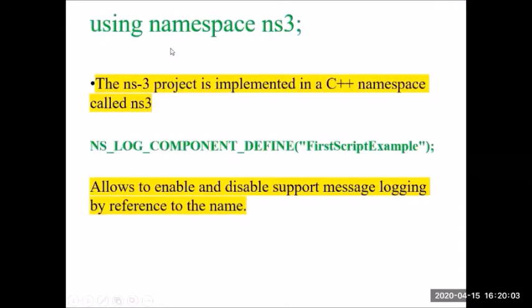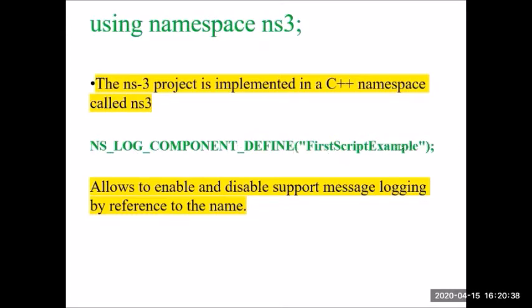Okay, so the next line in our NS3 program is this. As I told you, using namespace NS3. So here we are specifying that we are implementing this NS3 program in a C++ namespace which is called NS3. Next, we write NS_LOG_COMPONENT_DEFINE first script example.